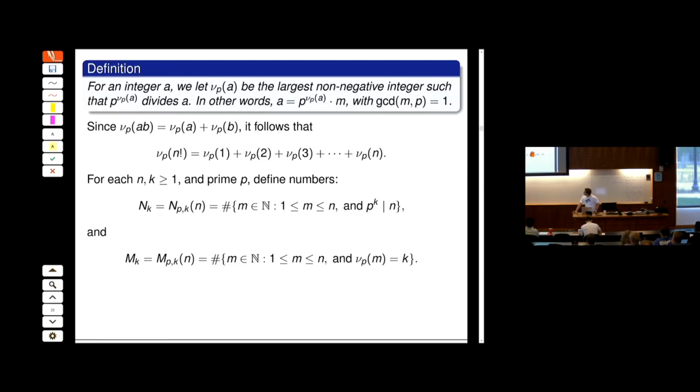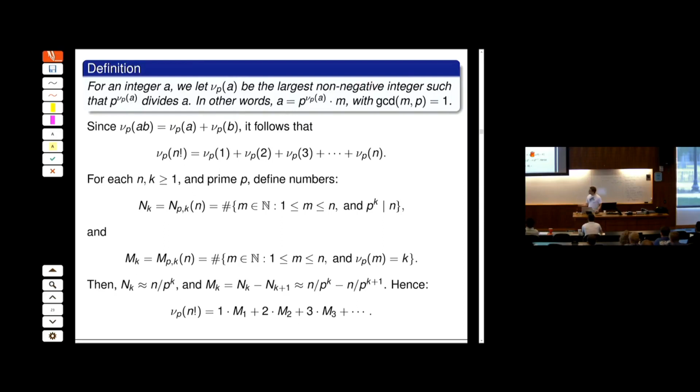So here are the numbers that I'm trying to define. Again, the number n_k is the number of numbers up to n that are divisible by p to the k, not exactly just divisible. m_k are those that are exactly divisible by p to the k. Therefore, n_k is the floor of n over p to the k, so it's approximately n over p to the k.